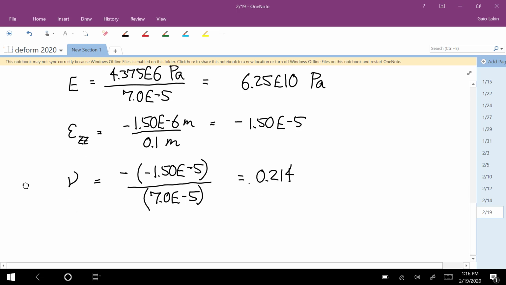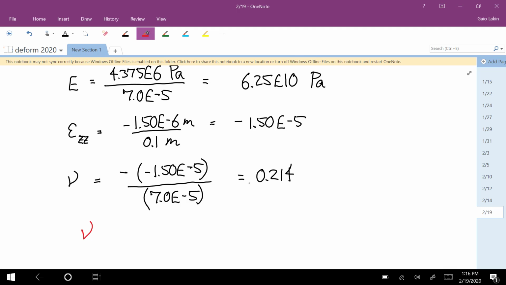And it's always worth remembering that Poisson's ratio always has to be in the range from 0 to 0.5. Anything outside of that doesn't make any physical sense. So you can sort of sanity check your answers on that. Any other questions? Okay.